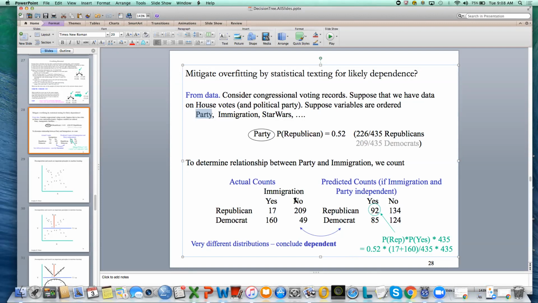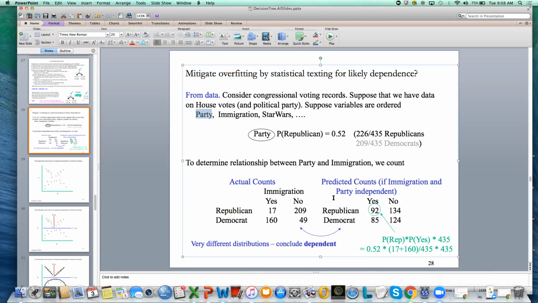And we would take a look at the actual distribution of the values along immigration and political party. These would be the actual counts. These would be the predicted counts based on the assumption that these two attributes were independent. So under the assumption that immigration was statistically independent from party, these would be the projected counts. All right?